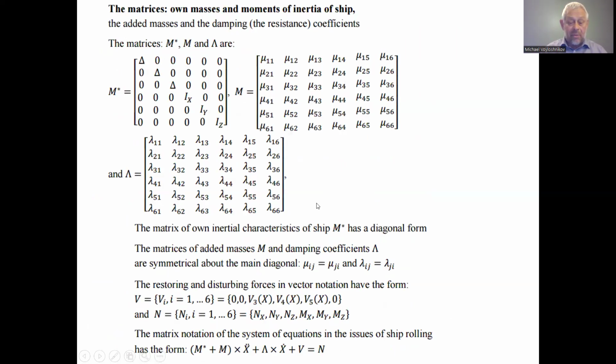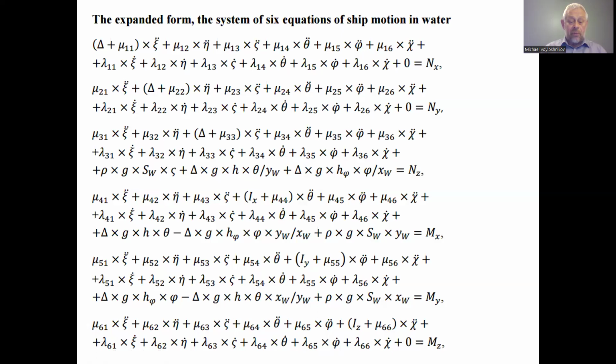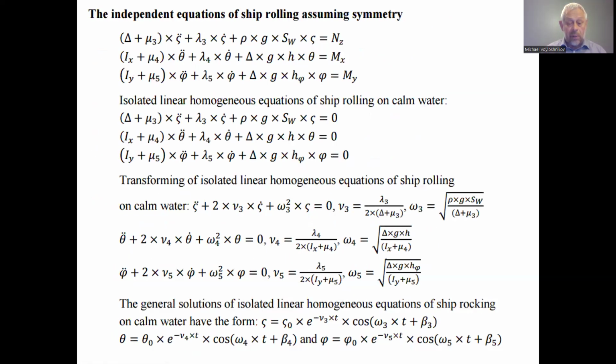So we consider the main types of rolling: the vertical rock, the rolling, and the pitching of the ship.